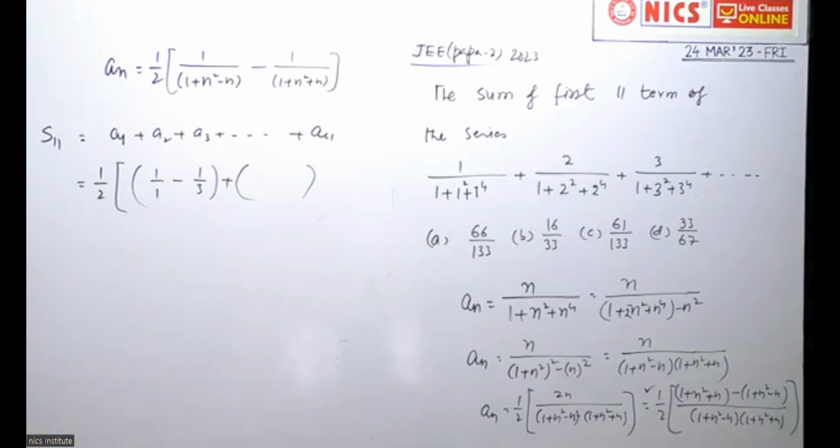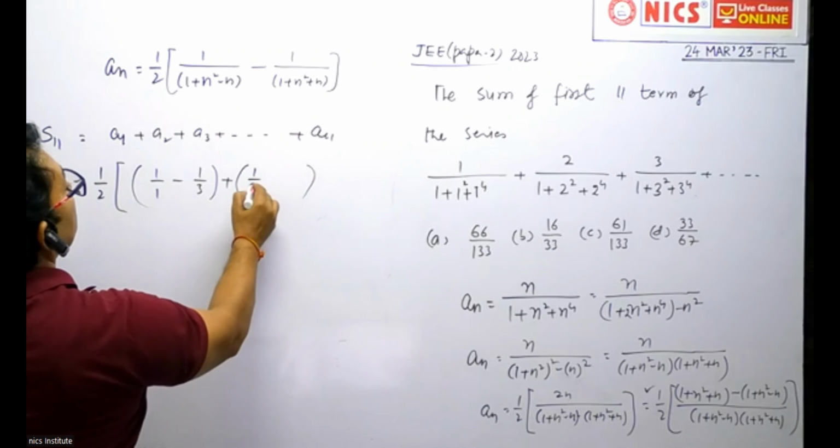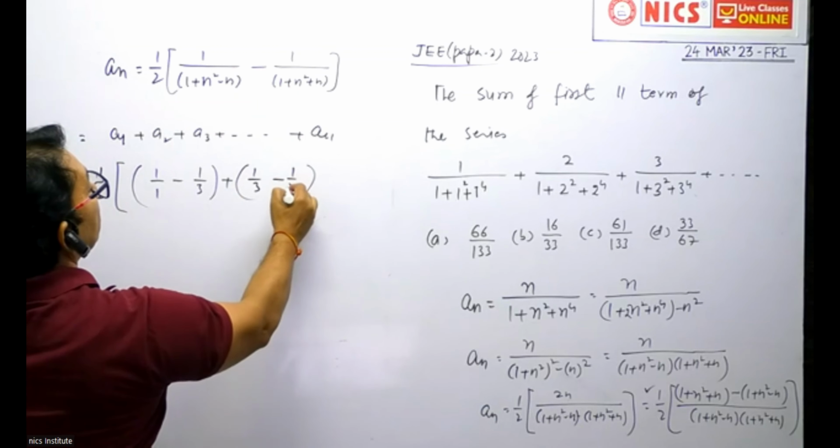Second bracket, n is equal to 2 here, will be 1 by 3, minus 1 by 7.